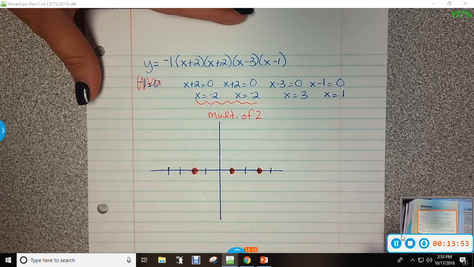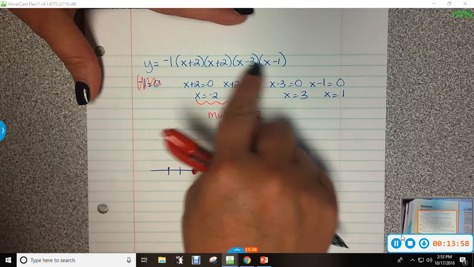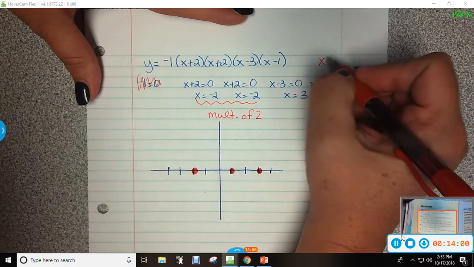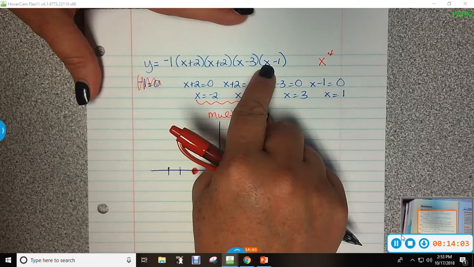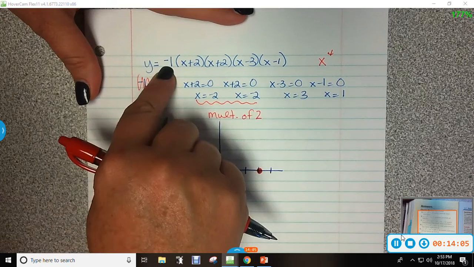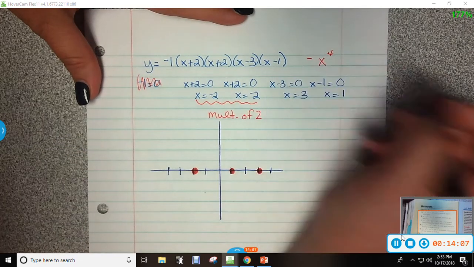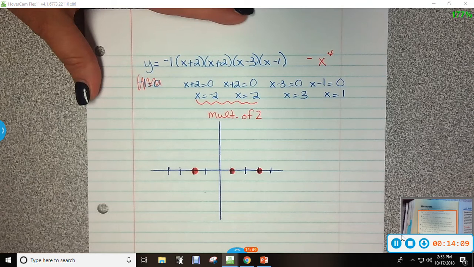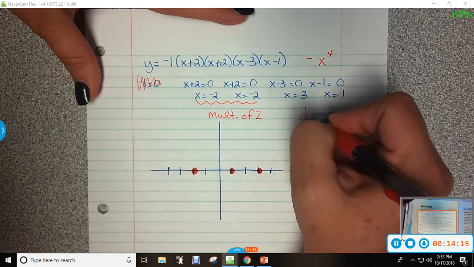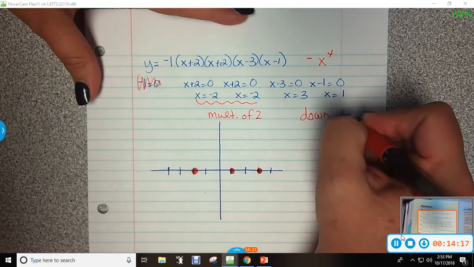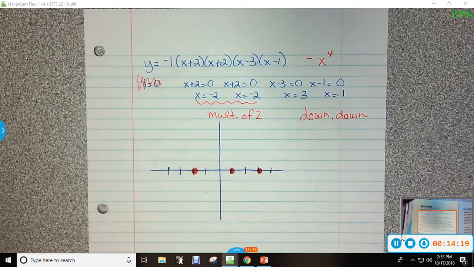It's a 4th degree, and how do you know again? I've got 4 x's, so I know this is an x to the 4th. All of these x's are positive, times a -1 makes it a negative x to the 4th. So I know they're going to go the same direction, but what direction do they both go? Down. So my end behavior is down, down.